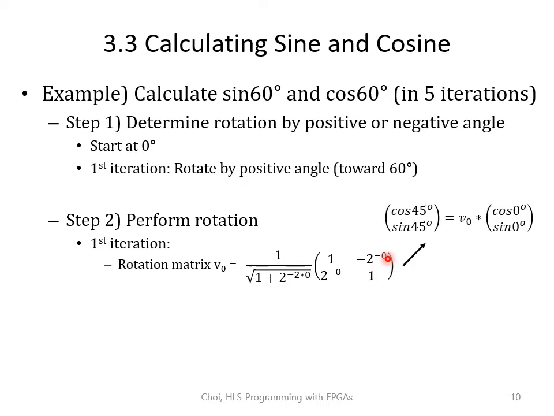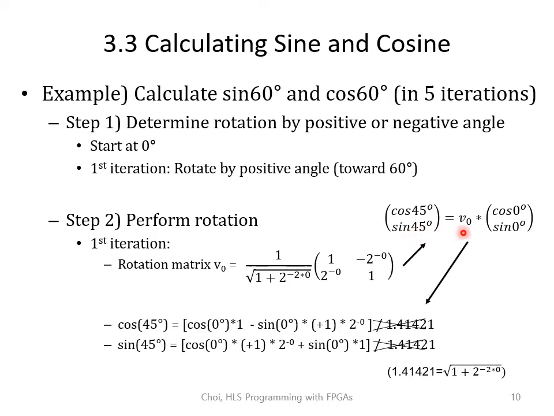Remember that we're rotating by 45 degrees in the first iteration because that is the angle when tangent theta equals 1 over 2 to the power of 0, right? So we multiply this rotation matrix to the initial angle of 0. Then the result should give us the value of cosine 45 and sine 45.